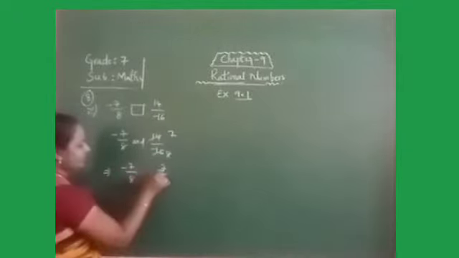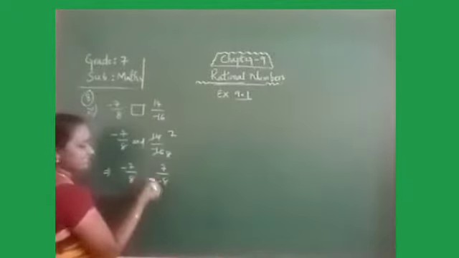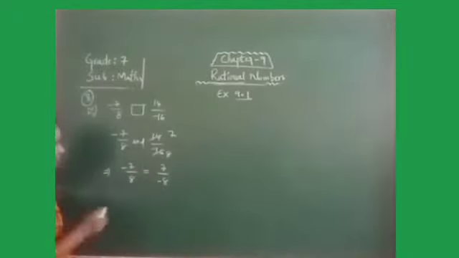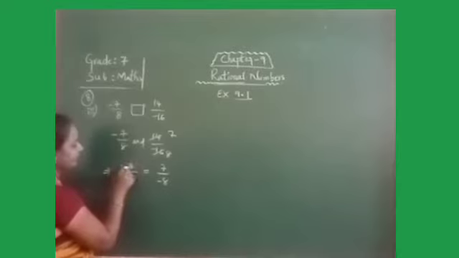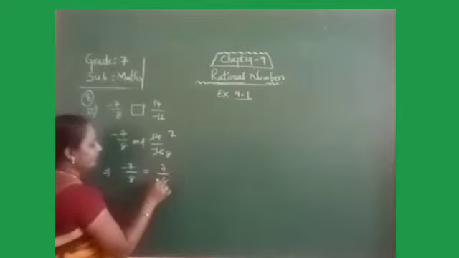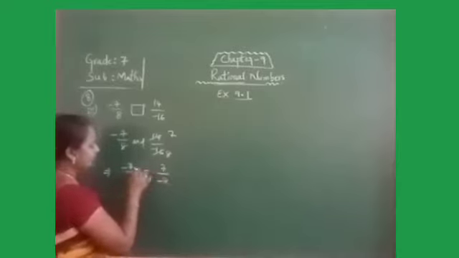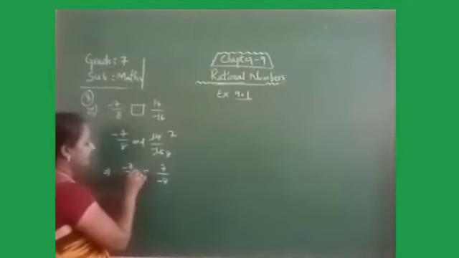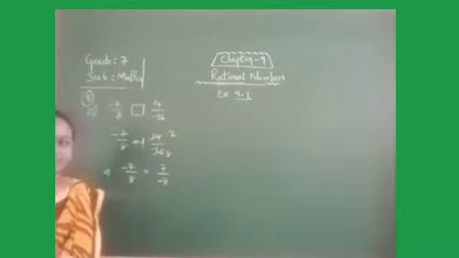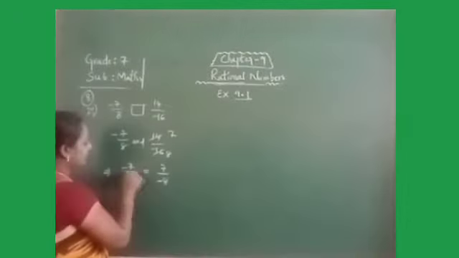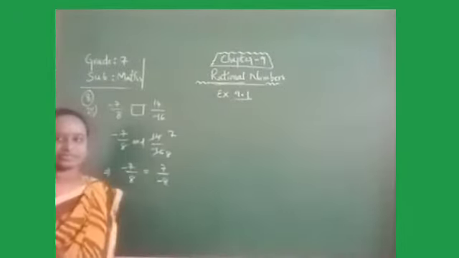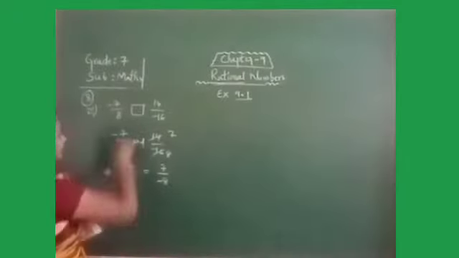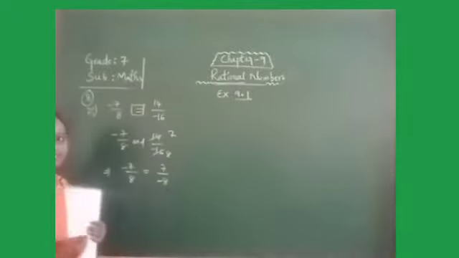Are these rational numbers equal, lesser or greater? Yes, they are equal. Here the numerator has the negative sign, and there the denominator has the negative sign. If either the numerator or the denominator is negative, the rational number is a negative rational number. So the two rational numbers are equal.